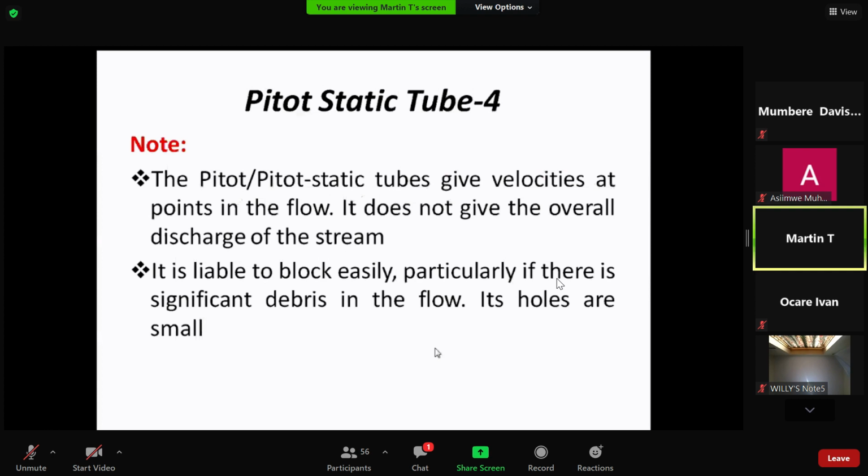One of the disadvantages is that in streams the holes are small and can easily block because of debris. So normally in streams, they prefer using current meters and other measurement devices or techniques.